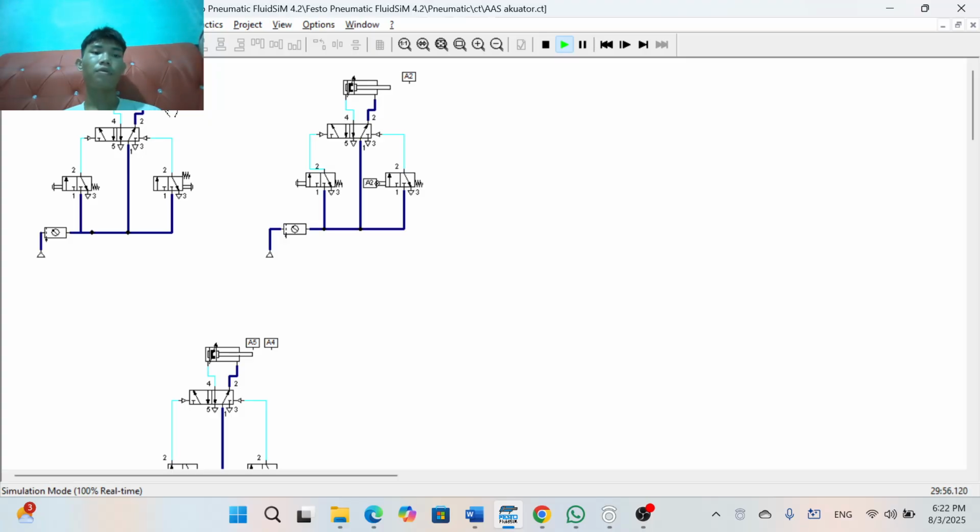from the directional valve. Sorry, in Indonesian the name is katup. I forget what its name is. Why do I use a double pilot valve 5 per 2? Because I use a double acting cylinder, so I need a valve that supplies both back and forth.